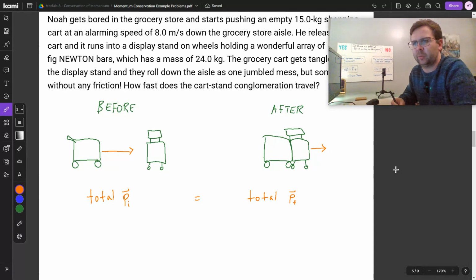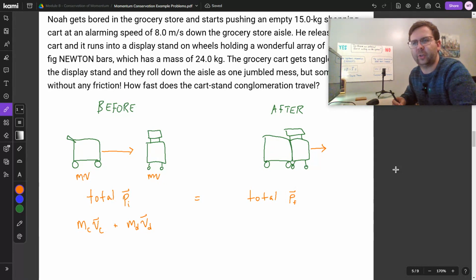Well, the initial momentum is going to be simply the momentum of the grocery cart plus the momentum of the display stand. So I'm just going to write that in mathematical terms. Momentum of the cart, so mass of the cart times the velocity of the cart, plus the mass of the display stand times the velocity of the display stand. So those are the two momenta added up beforehand.